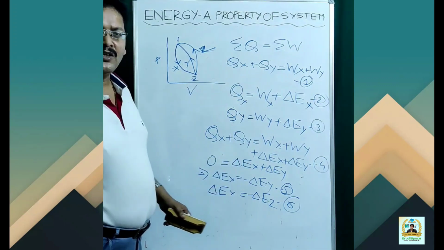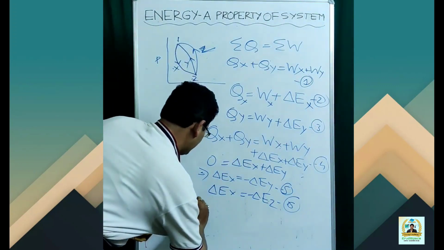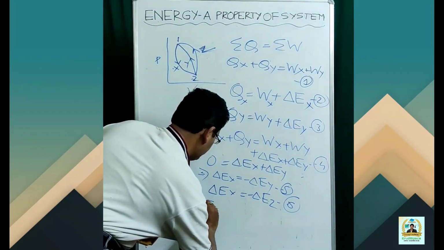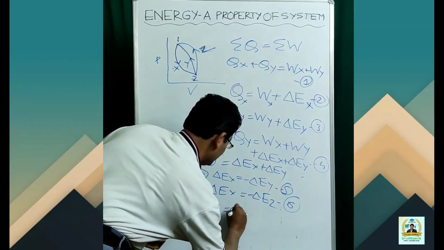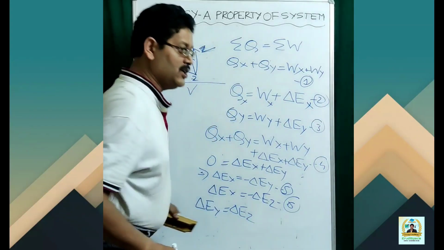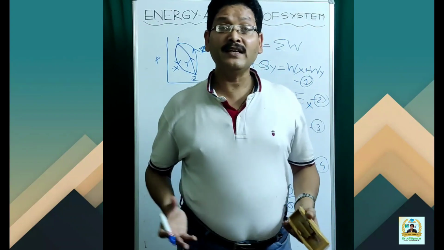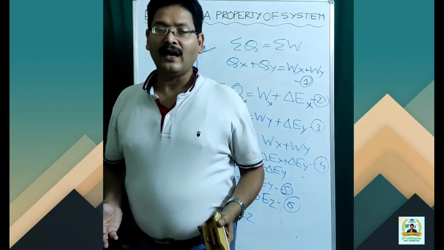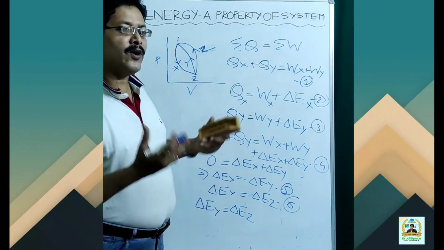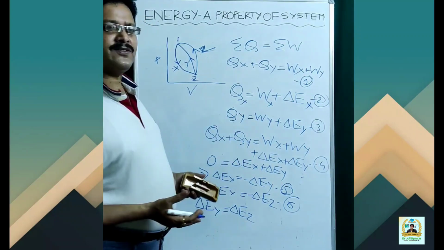Now from this, what we conclude is that delta Ey is equal to delta Ez. So change in energy is remaining the same as we follow different paths.